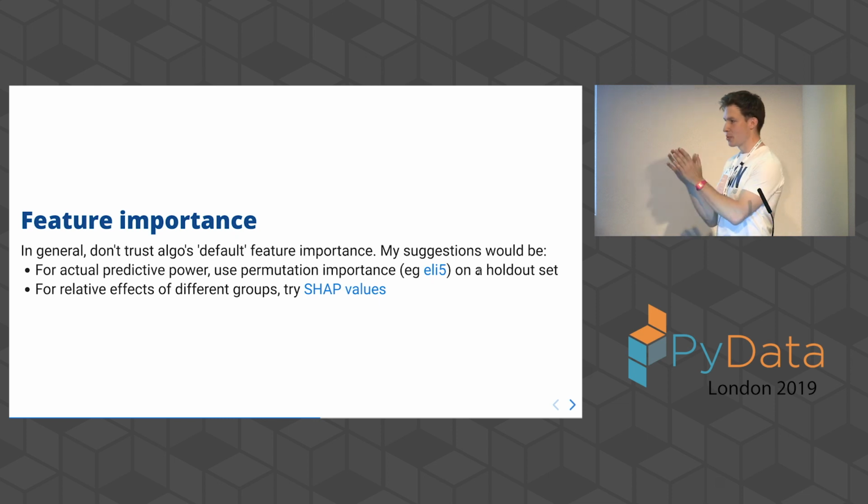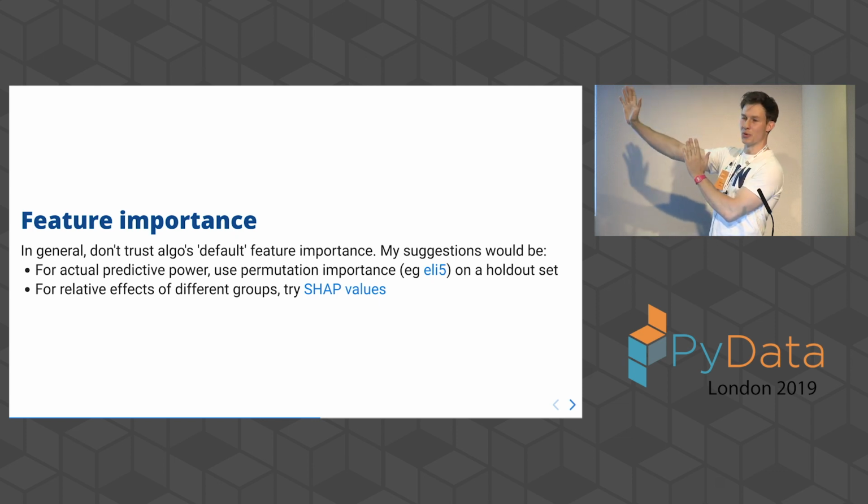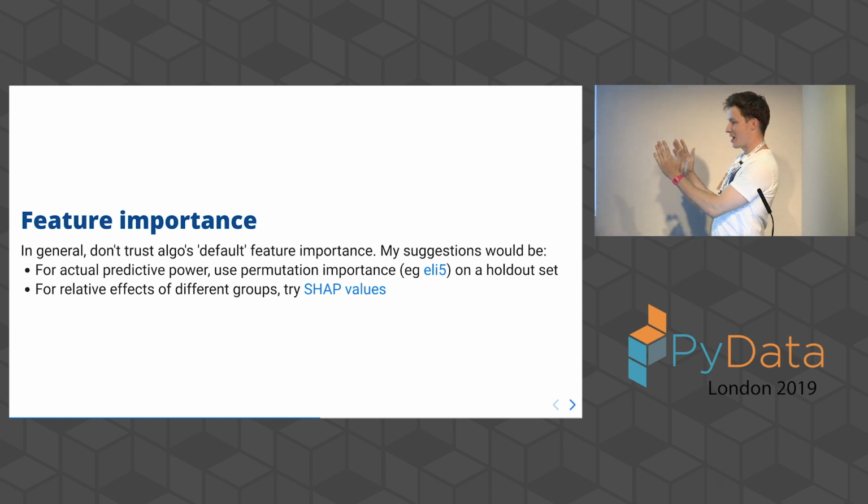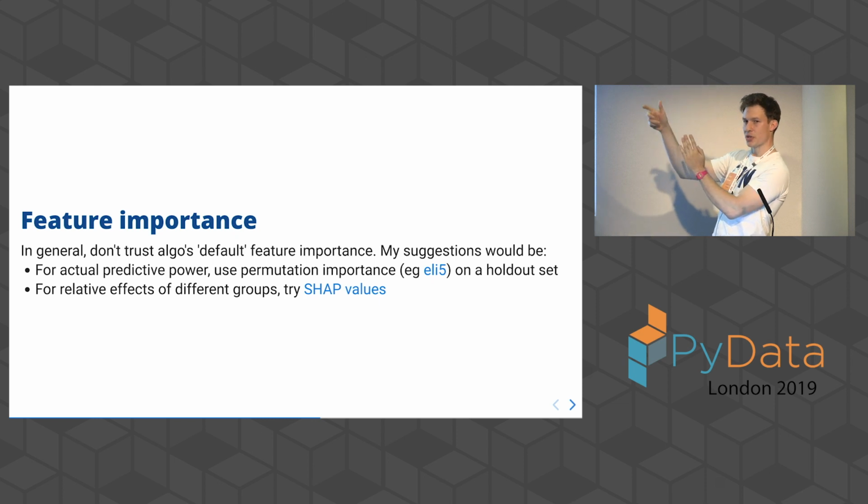For those of you who don't know, with permutation importance you take your data set and your fitted model, and you use your holdout data set for this. You run it through the model, look at the predictions, and calculate whatever your score is, R squared, log loss, whatever you're looking at. Then, one column at a time, you shuffle the data in that column, make your predictions again, and check how much worse your score has gotten.